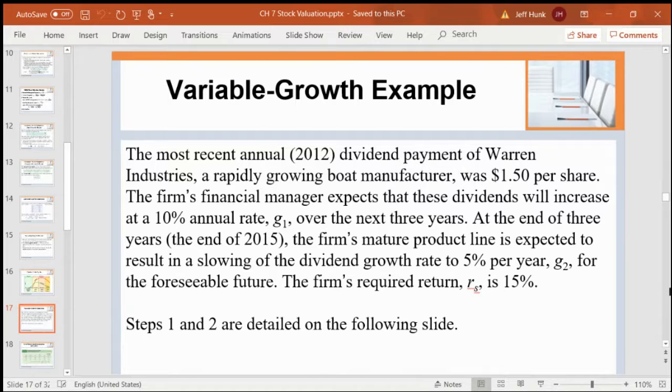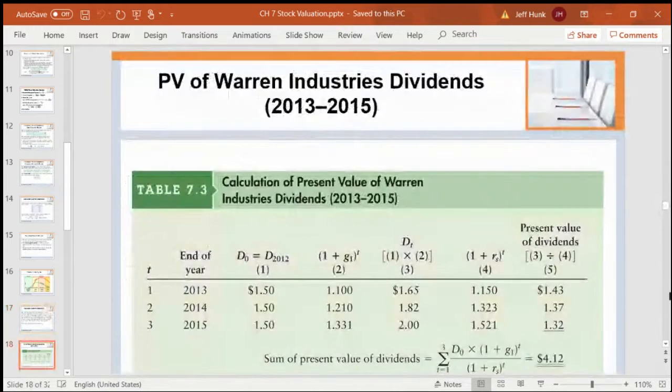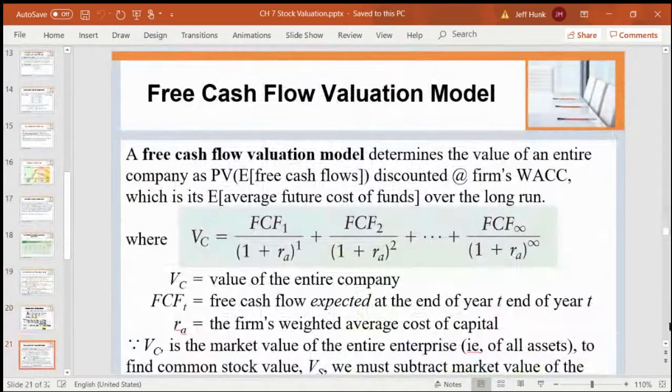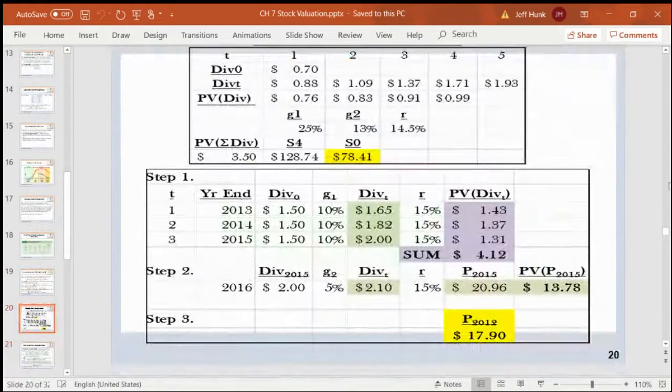In the slide, it's done this way, but I did it in Excel like this, and I will show you. So let's go to Excel first.